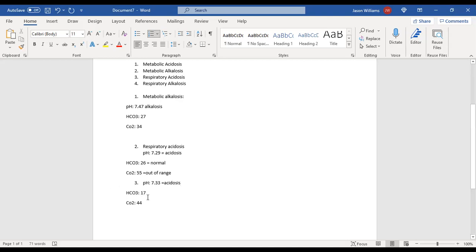Which of these values are out of range? If the HCO3 is out of range, is that a metabolic issue or a respiratory issue? Metabolic. And when the CO2 is out of range, is it a metabolic issue or a respiratory issue? Respiratory.